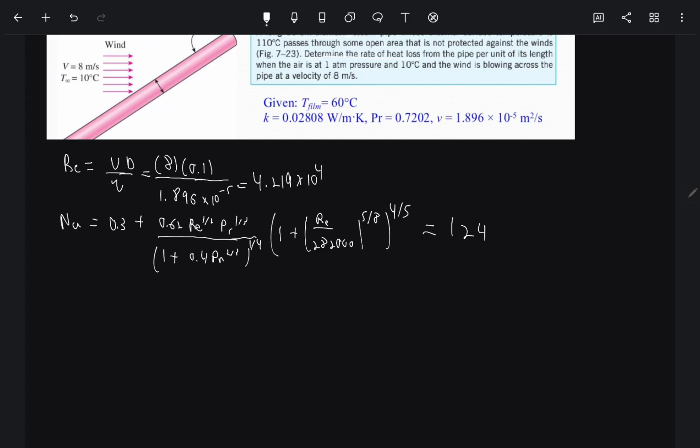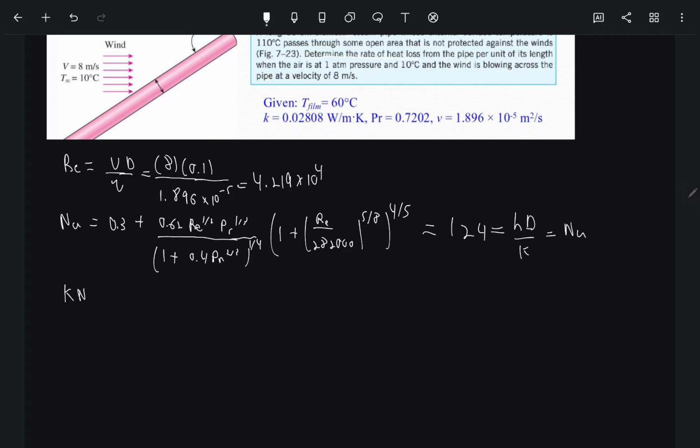And the Nusselt number is defined as hD over k. So we have D, we have k, and we have the experimental approximation for the Nusselt number. So now we can just solve for h.